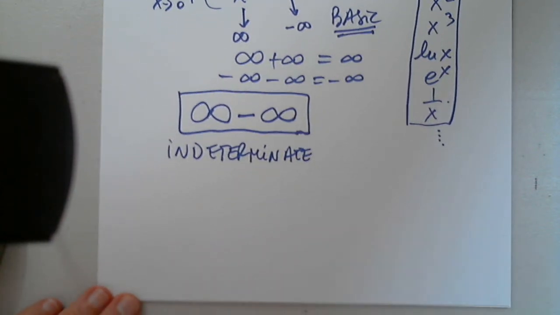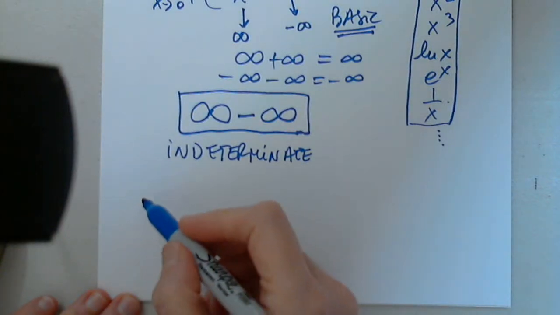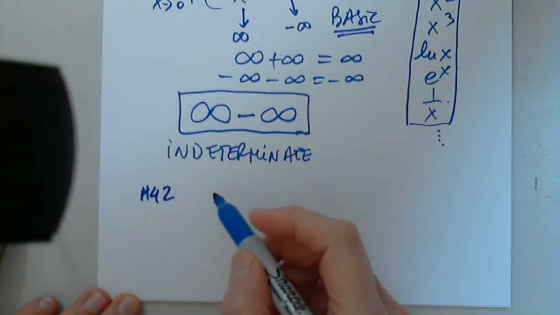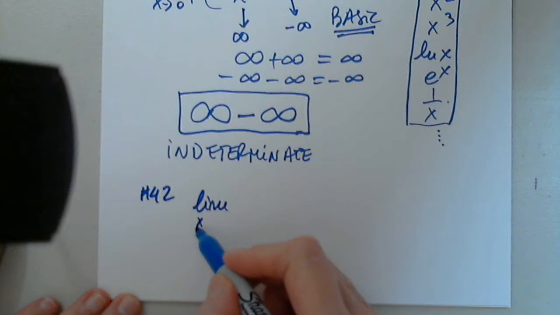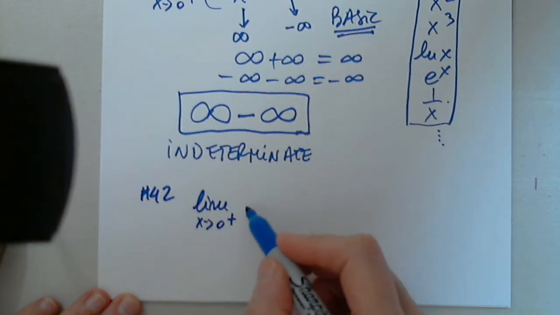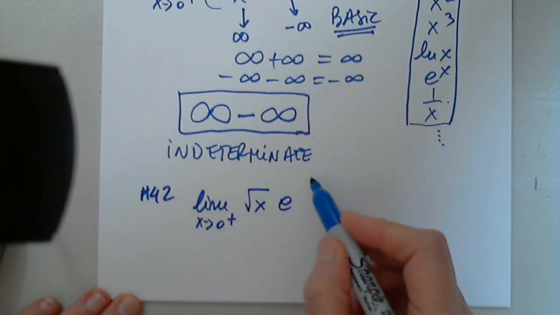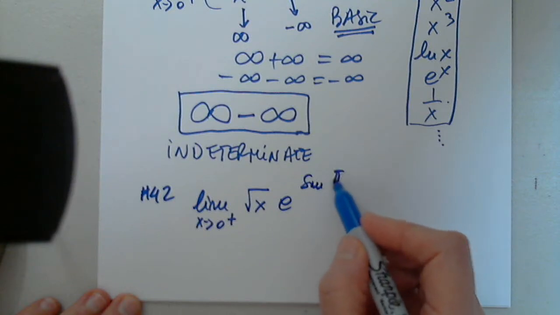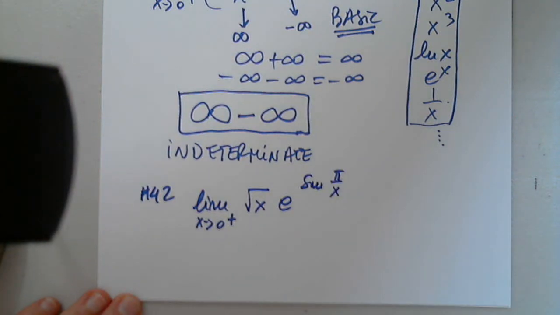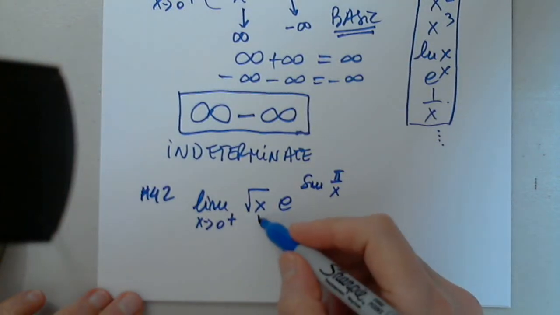It looks sophisticated. It's not, but let's do it together. So this is the limit as x approaches 0 from the right of the square root of x times e to the sine of pi over x. Obviously, this approaches 0, right?